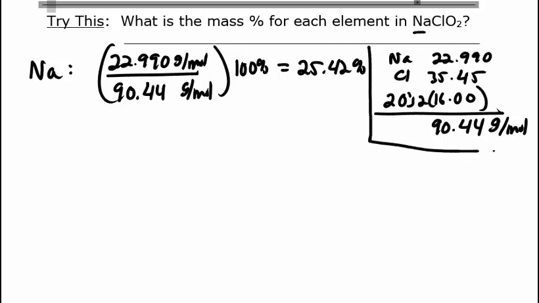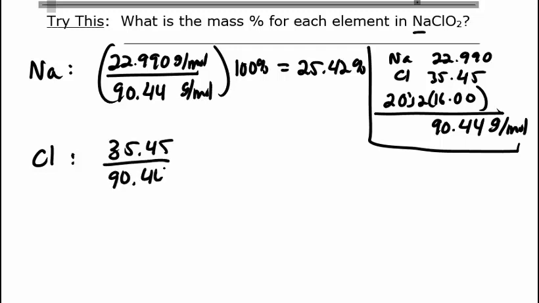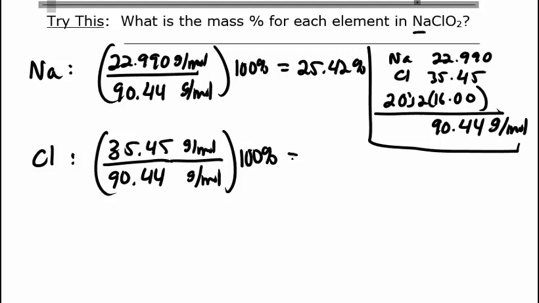We can do the same calculation for the chlorine. There's 1 chlorine, so the numerator is 35.45 divided by 90.44. Again, everything's grams per mole. Times 100%. So the chlorine turns out to be 39.20%.